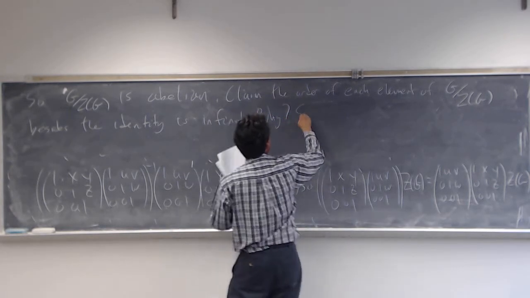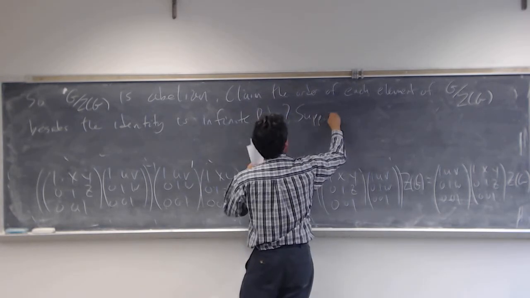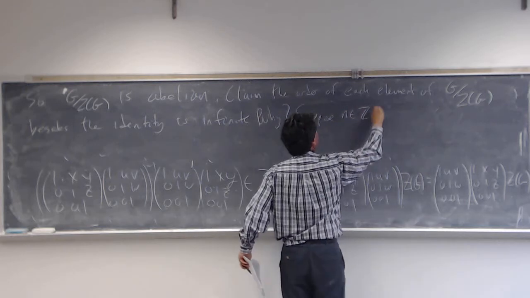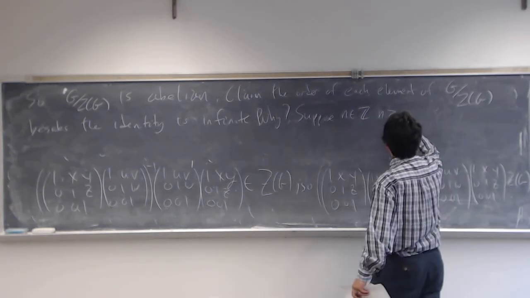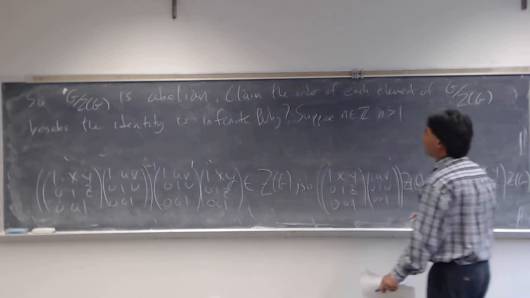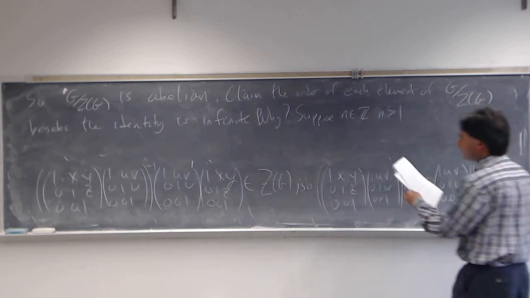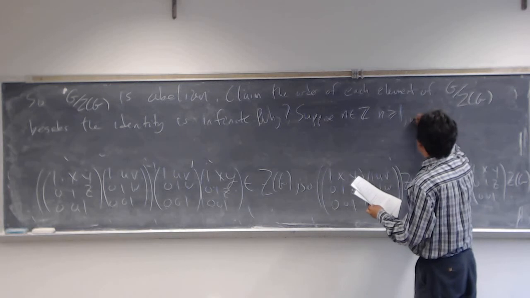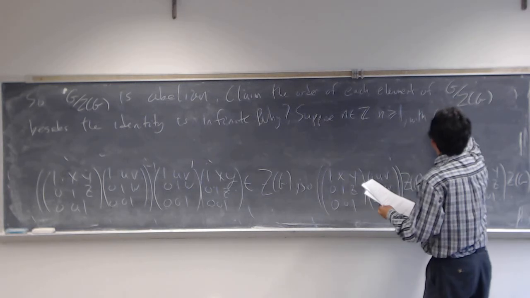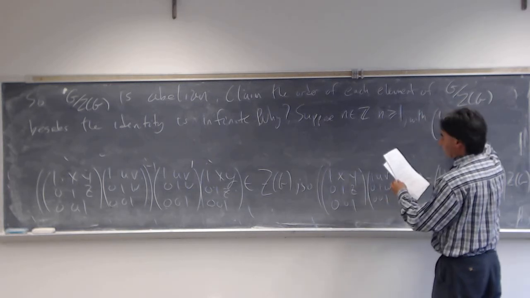Why? Suppose n is in Z, n is positive, might as well make n strictly greater than 1. I guess we even make n greater than or equal to 1. With what? The coset determined by some element.